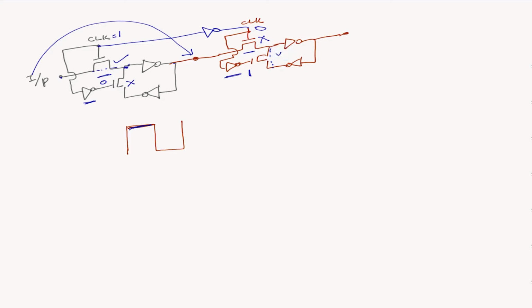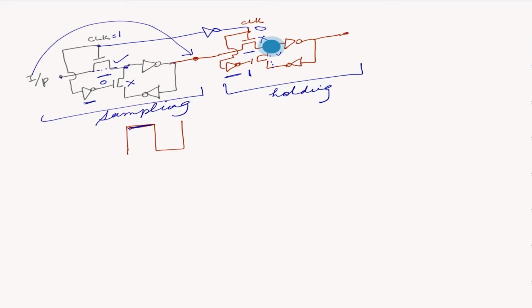So our first stage is in sampling and our second stage is holding. Whatever the previous value was here or here is maintained.